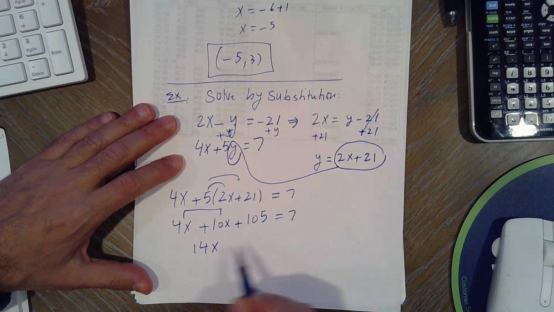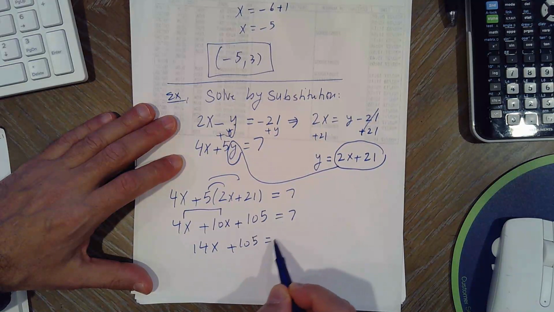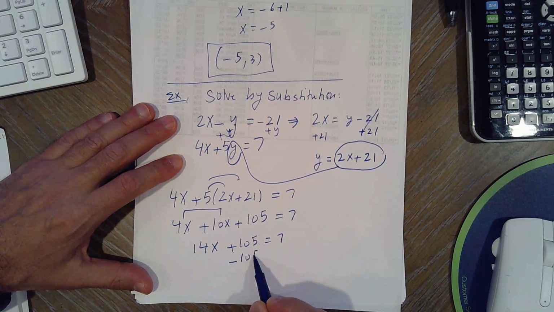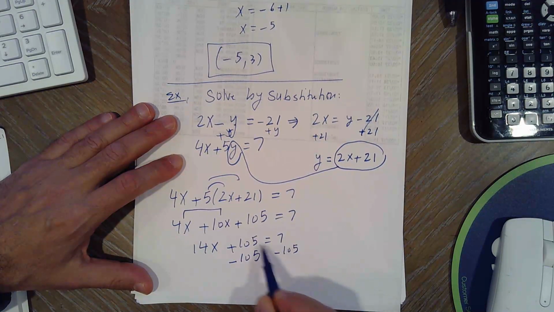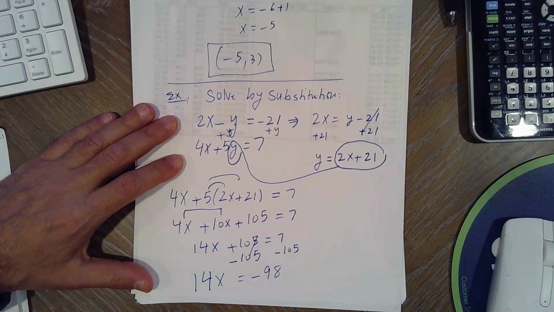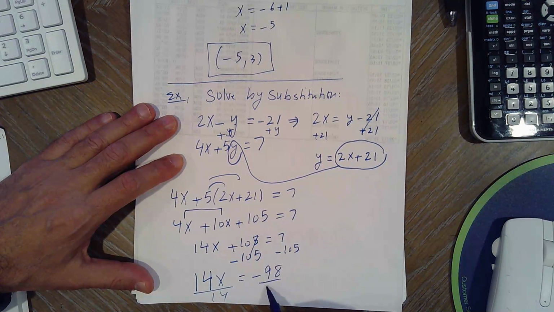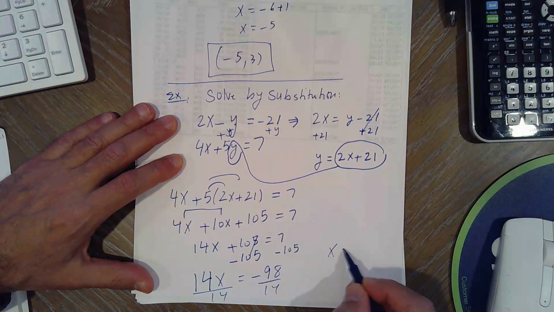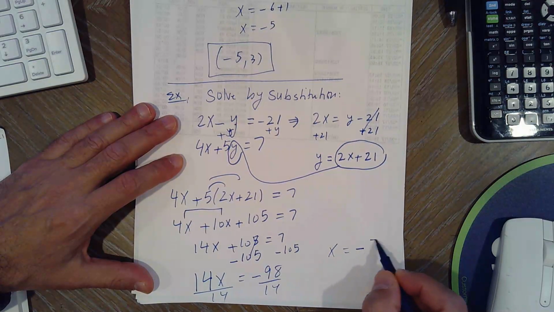That's 14x plus 105 equals 7. Subtract 105. 14x is negative 98. Divide by 14. X equals negative 7.